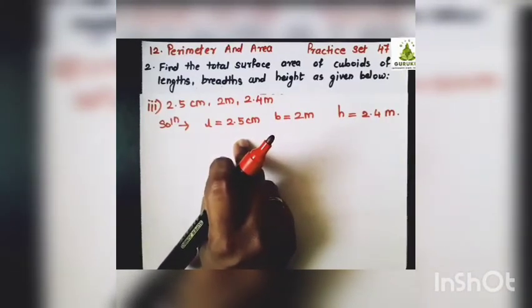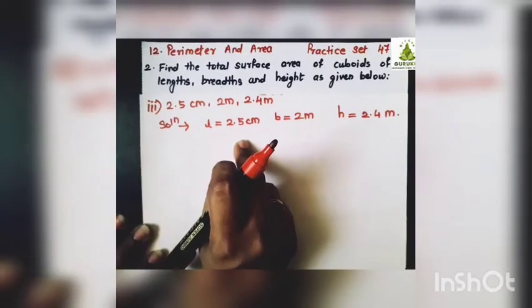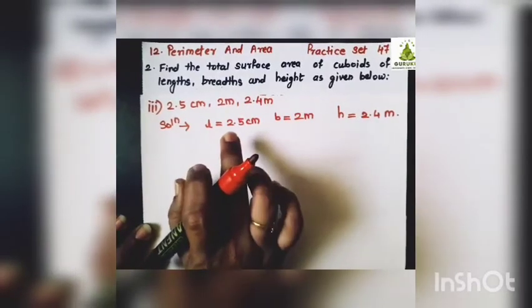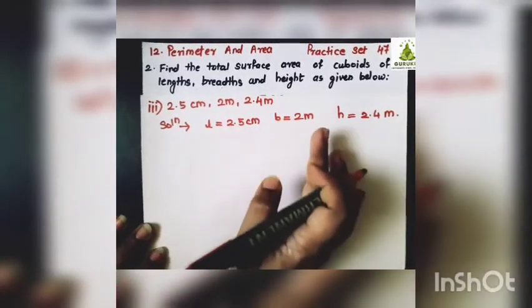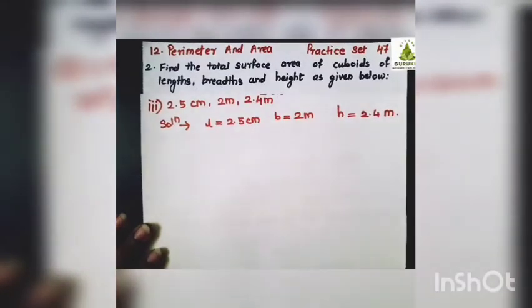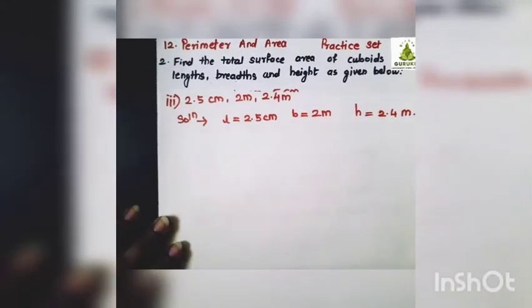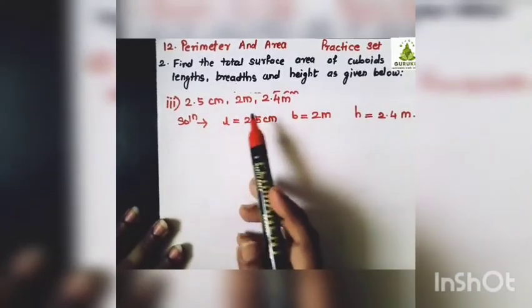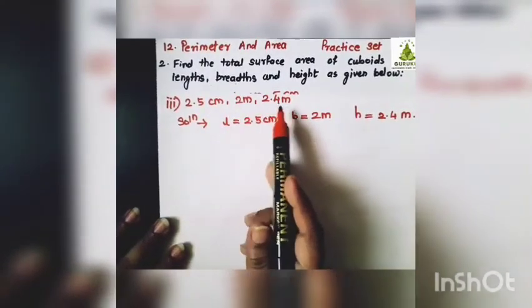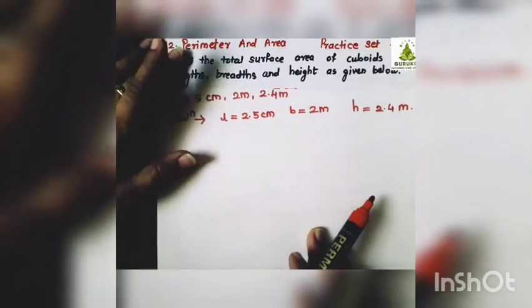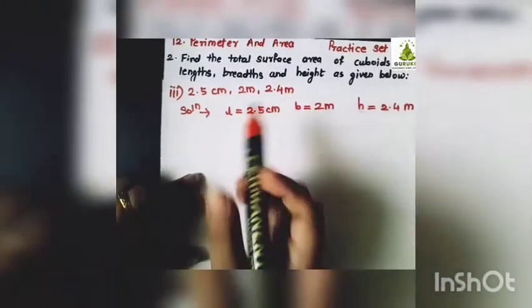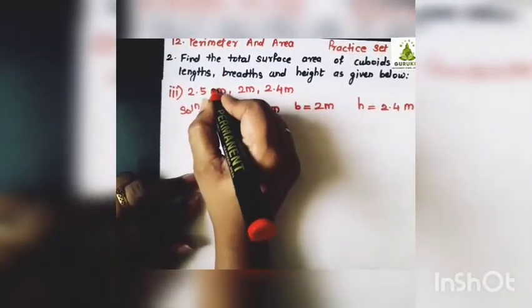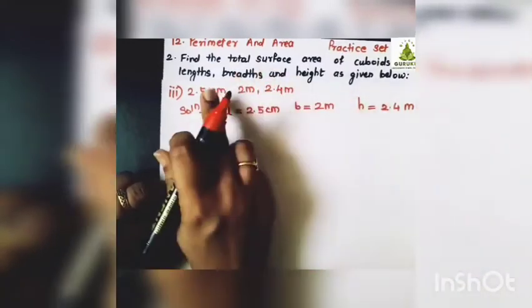So there are two options. Either you can convert one into meters, or the other meters you can convert to centimeters. In some of the books they have given it as meter, some of the books as centimeter, but if we cross check the answer, it tallies with the meter.